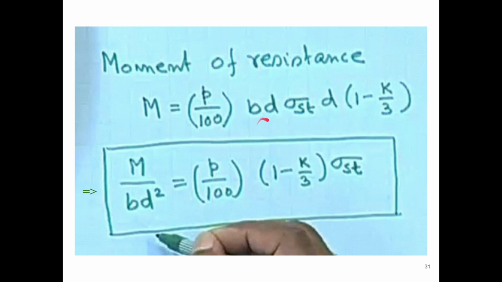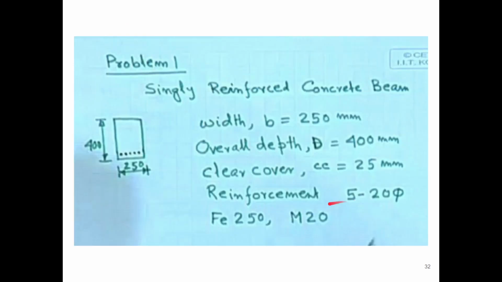AST is P by 100 into BD, sigma ST is the tensile stress, and the lever arm is D minus X by 3. So M by BD square equals P by 100 into 1 minus K by 3 into sigma ST. That is all about the derivation.